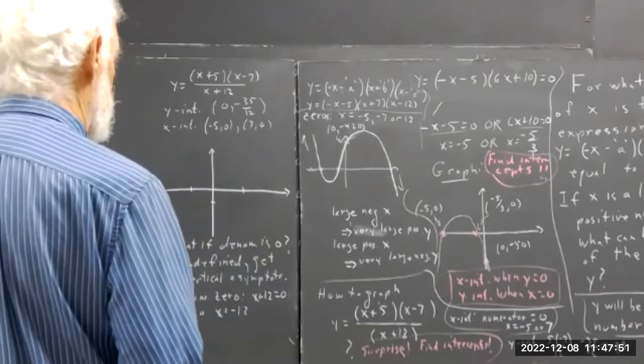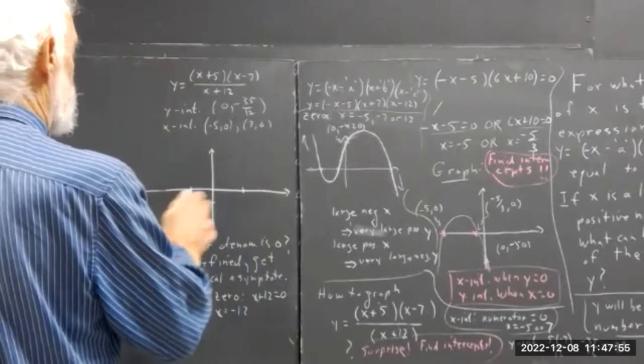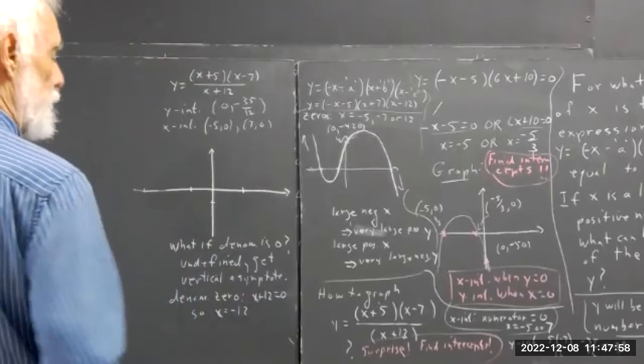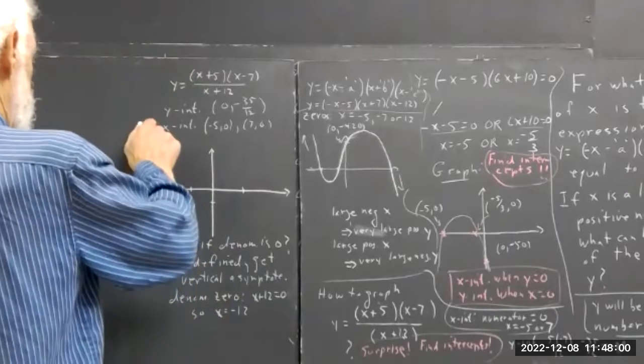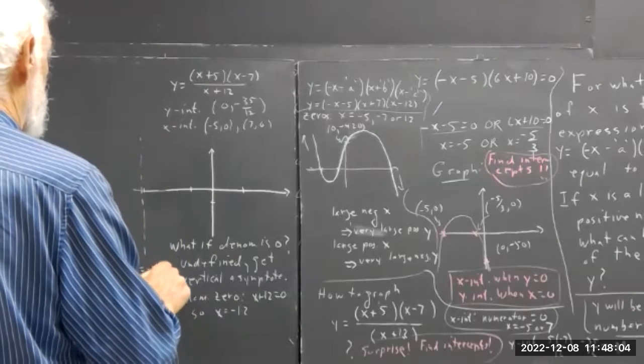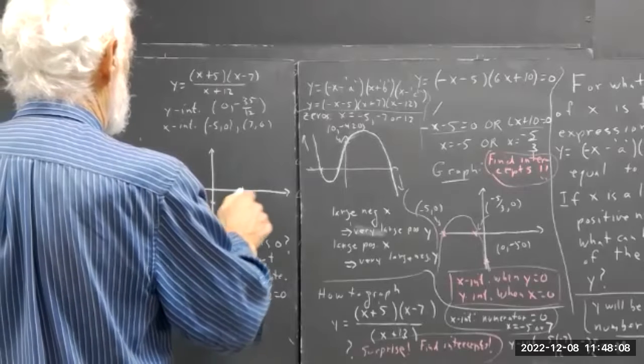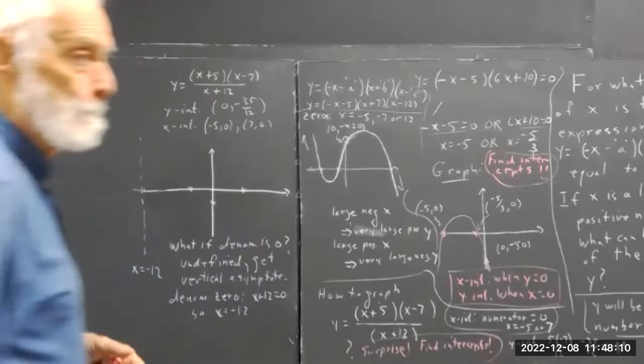So x equals negative 12. Okay, well, negative 12 would be out about here. X equals negative 12. Here's the line x equals negative 12. That's a vertical asymptote. You've got to go through this point, and this point.